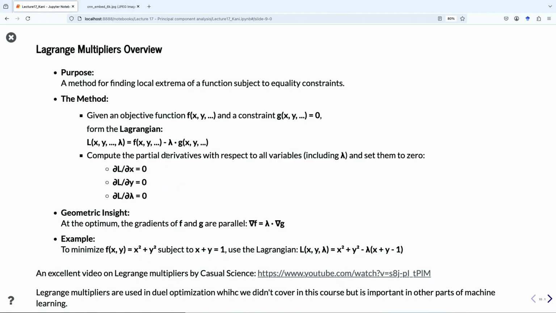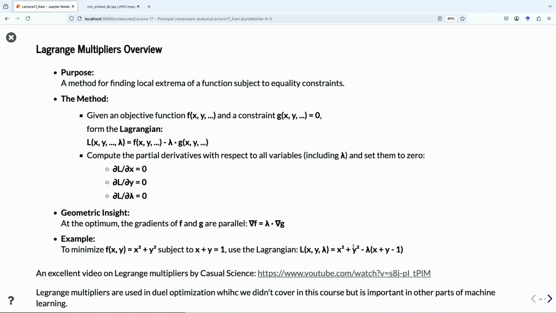This is a Lagrange multiplier. This is a multiplier times the constraint. Okay, so in the case of x plus y having to be equal to 1, the constraint is simply x plus y minus 1 is equal to 0, right? The constraint has to always be something equal to 0.